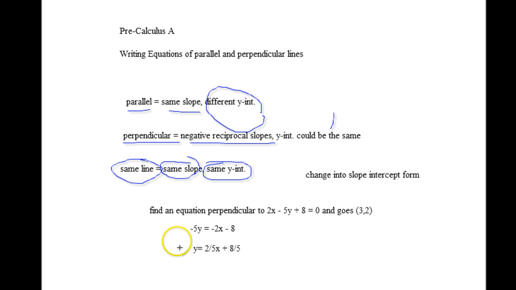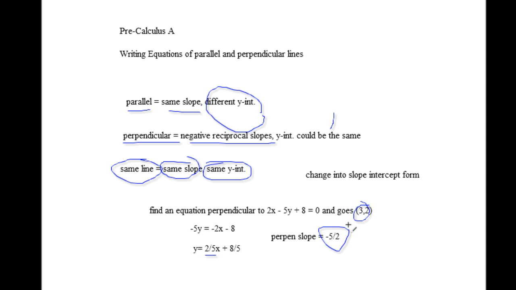Now I don't care about the 8/5, I just care about the 2/5, because now I know the slope of this line, and I know the perpendicular slope is going to be negative 5/2.